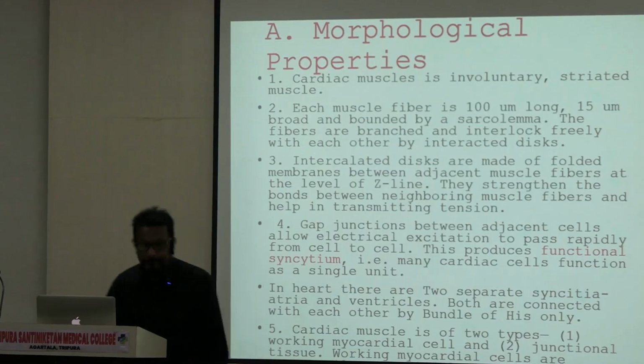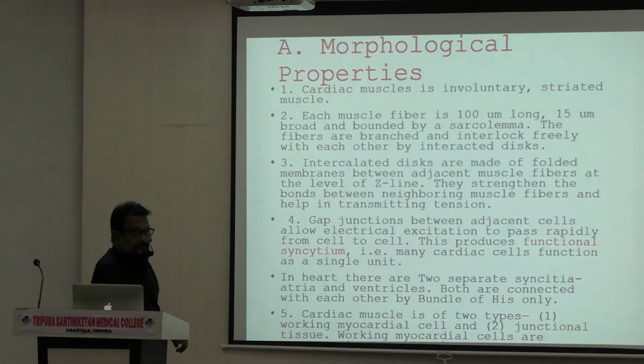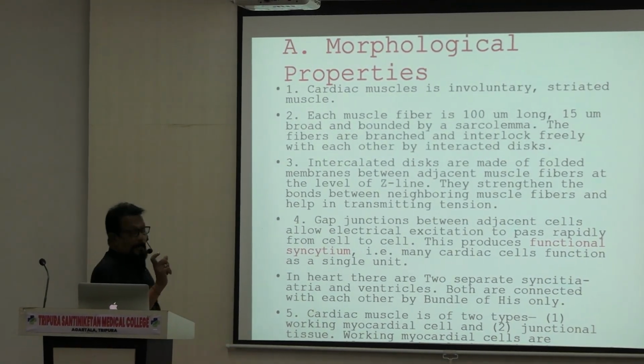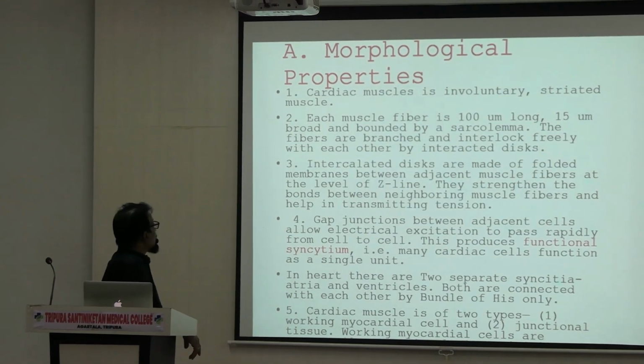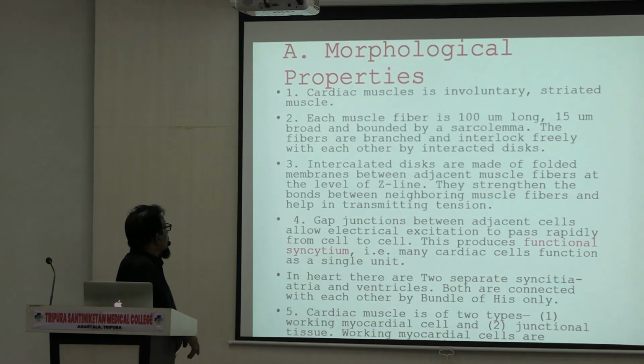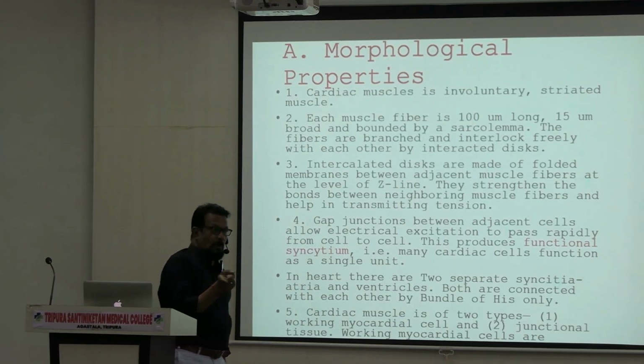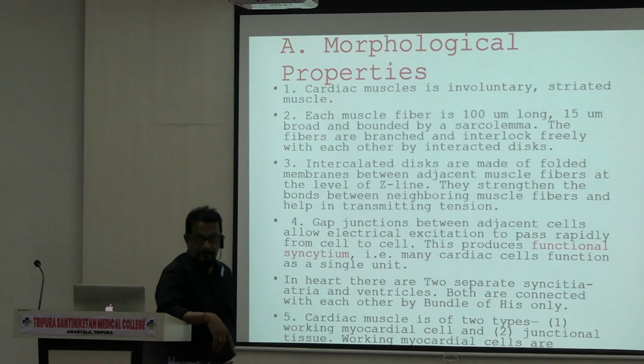Each muscle fiber, what is the size of this muscle fiber? They are 100 micrometer in length and 15 micrometer in breadth, and these cells are bounded by sarcoplasm.